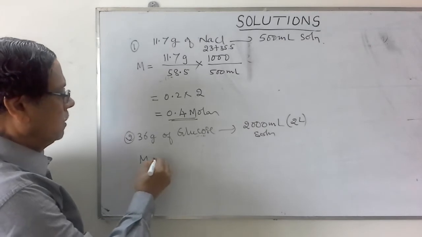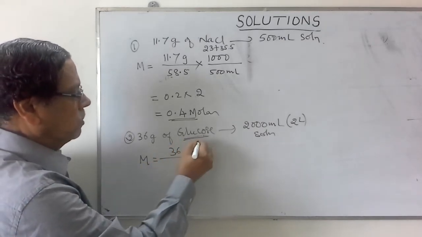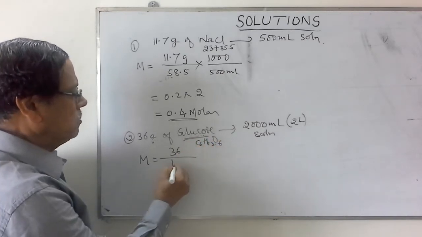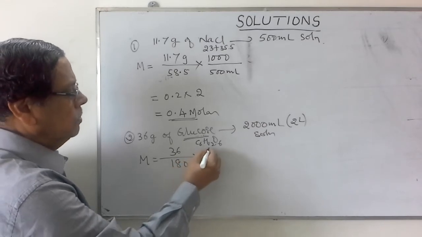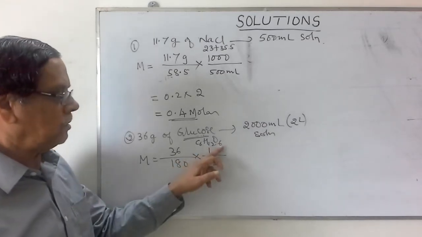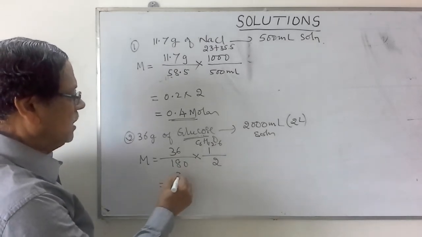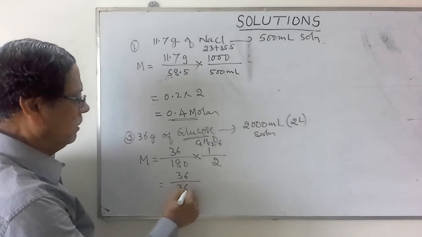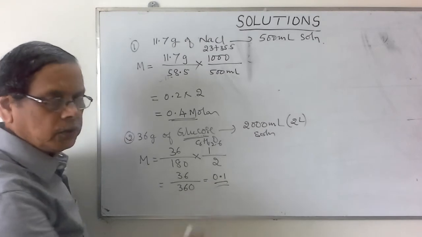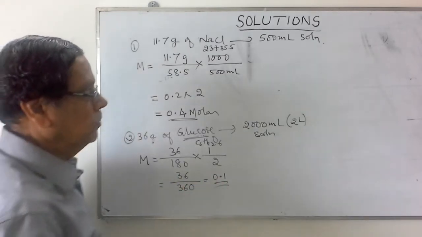Molarity is equal to mass of the solute, 36, divided by molar mass of glucose, C6H12O6, whose molar mass is 180, into 1000 divided by 2000, the volume of the solution. So this will be equal to 36 divided by 360, that is nothing but 0.1 molar solution. Like this we can calculate the molarity of the solution.